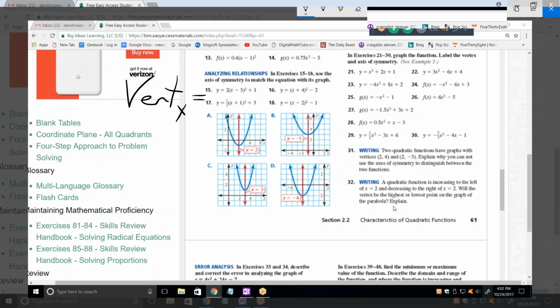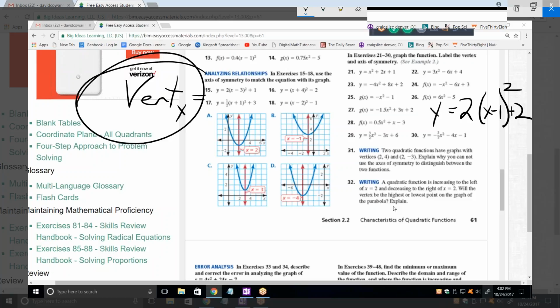Now, if they give this to us in vertex format, well, then you're staring at the vertex, and you don't need to go through this vertex x. In other words, if they gave us an equation like this, where's the vertex? 1, 2.